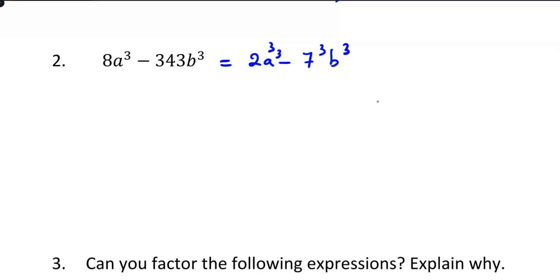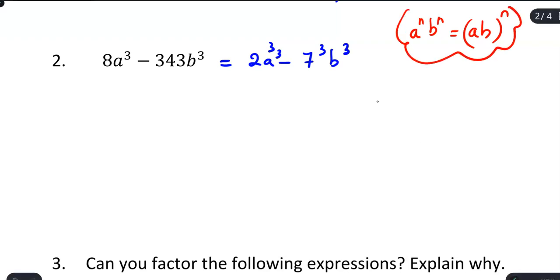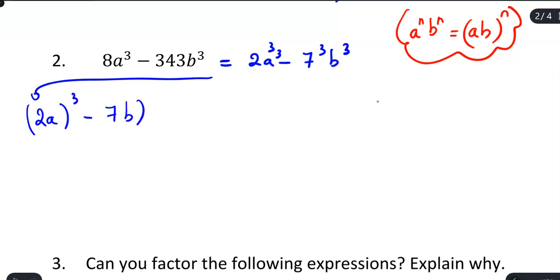Yes, it is. And then I will apply the formula aⁿbⁿ: I can group the base and both raised to the same exponent. So this is important, keep that in mind. I will apply this right away. I will write (2a)³ − (7b)³.